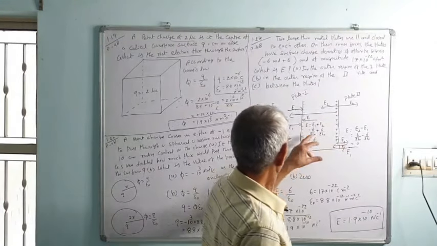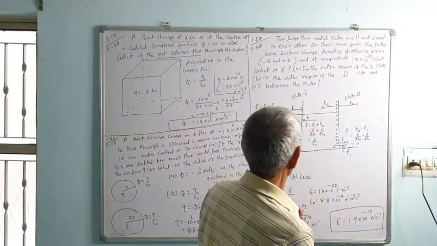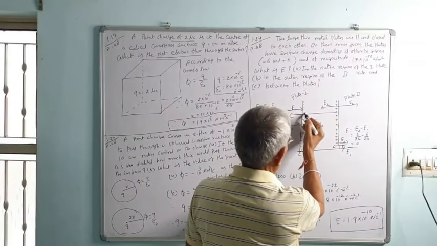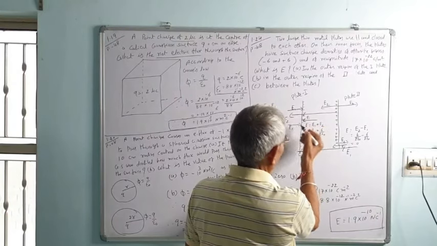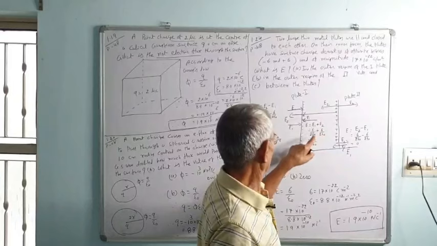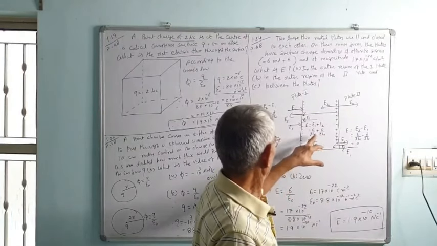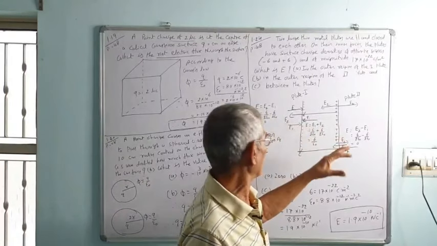Inside the plates, the E fields add up, E1 plus E2, since both are in the same direction. Due to the positive charge plate, the electric field is in this direction, and due to the negative plate it is inward, so both are in the same direction. So the net electric field is E1 plus E2, and we know the electric field due to a charged plate is sigma upon 2 epsilon 0 plus sigma upon 2 epsilon 0, since the charge density is the same for both.